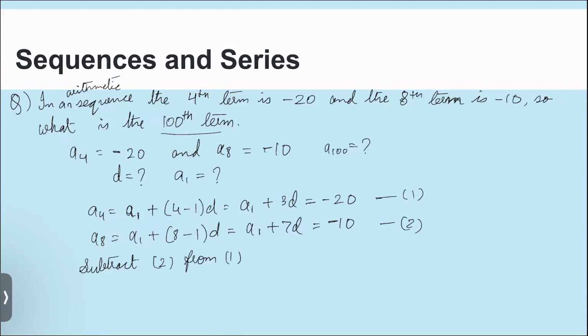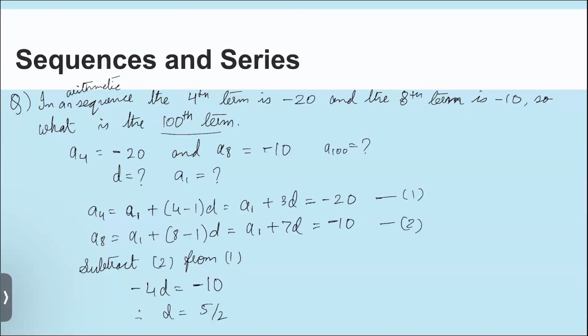We will get, so your A1 gets cancelled. What you are left with is 4D is equal to 10. So therefore, your D is equal to 5 by 2. Okay, so we got our D.